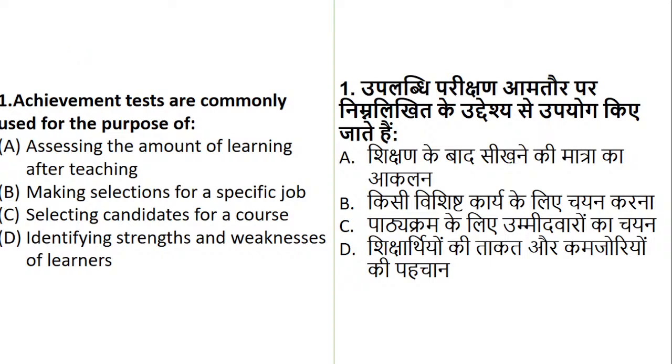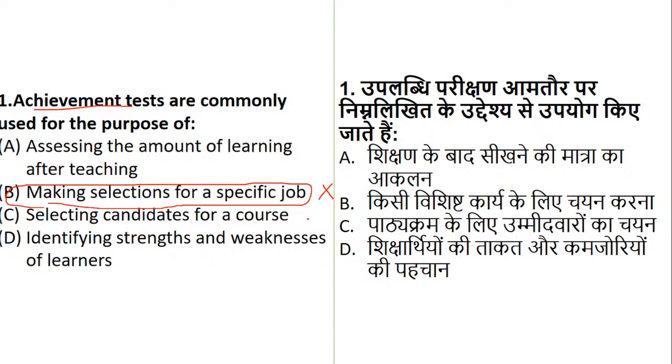Fine, now let's see. We are talking about achievement tests. Here they are telling us about assessing the amount of learning after teaching, and making selections for a specific job. When we talk about making selection for a specific job, we do not have any such type of achievement test, so this is not a part of the question itself.